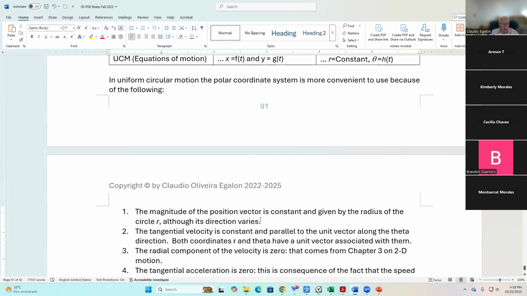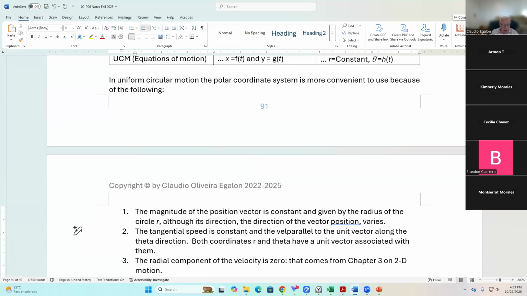Although the direction of the position vector varies. The tangential speed is constant.